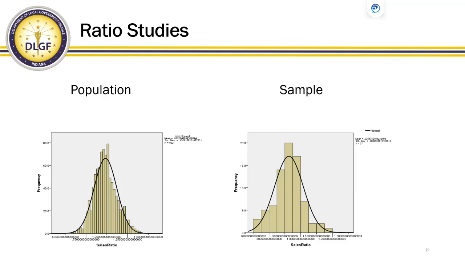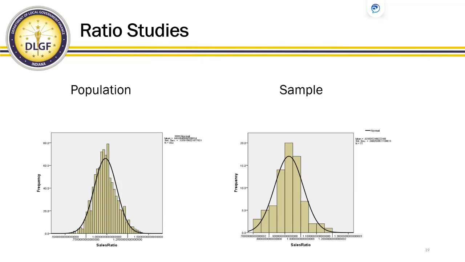You can see they look roughly like mountains, and we can learn about the distribution by looking at where the top of that mountain lies, left to right. That tells us where most of our data is. Other things that we can learn are how skinny or thick the mountain is and whether the mountain is lopsided. And what we want to see is a sample that looks as much like the population when it's graphed out like this as possible.